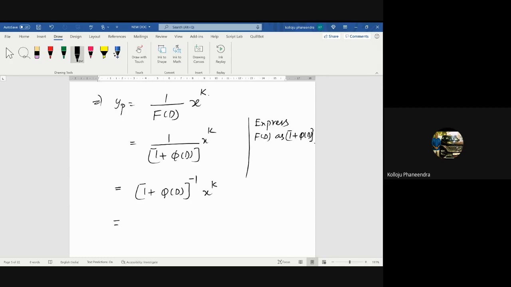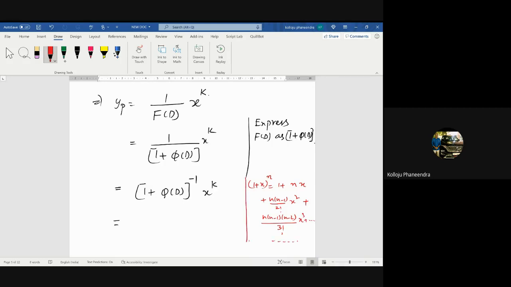Then expand. You know this expansion; you have to remember the expansion of 1 plus x whole power n. This is 1 plus nx plus n into n minus 1 by factorial 2 x square plus n into n minus 1 into n minus 2 by factorial 3 x cube, and so on.